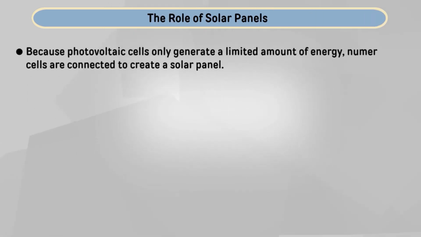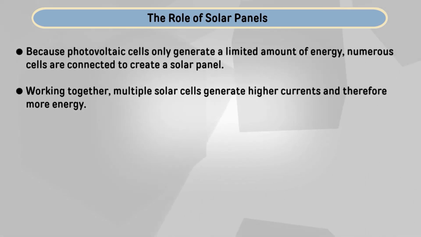So, because a photovoltaic cell only generates a limited amount of energy, numerous cells are connected to create the solar panel. So, the solar panel is actually the combination of so many photovoltaic cells working together. Multiple solar cells generate higher currents and therefore more energy.